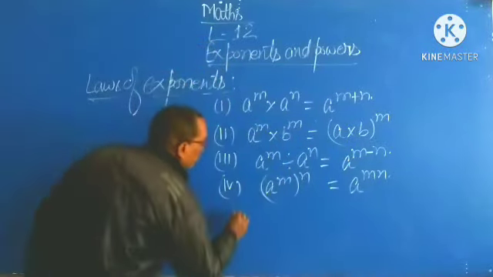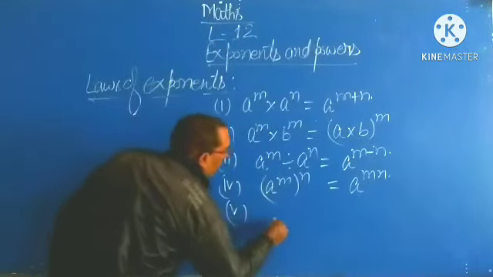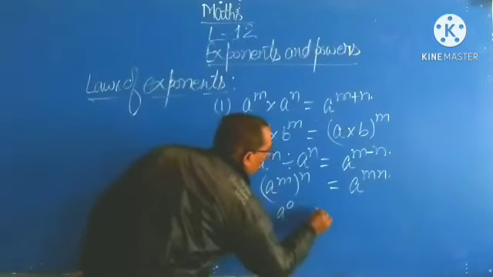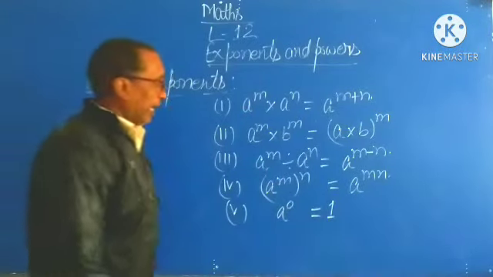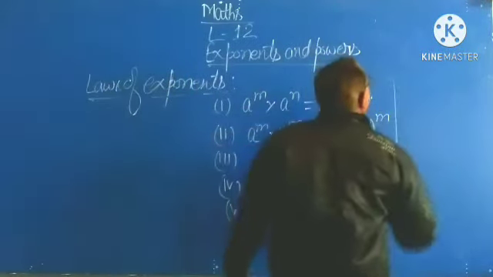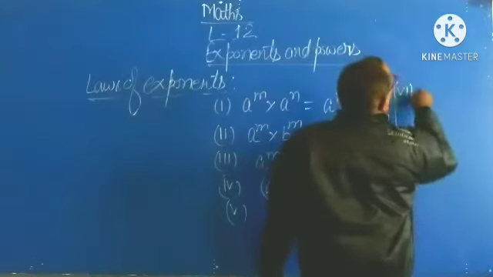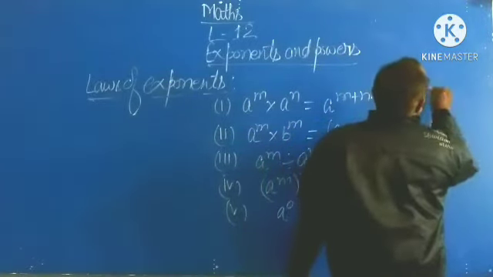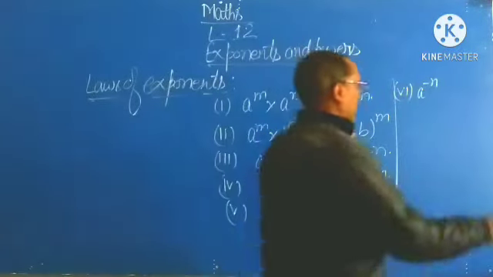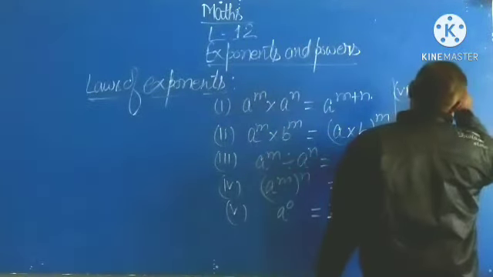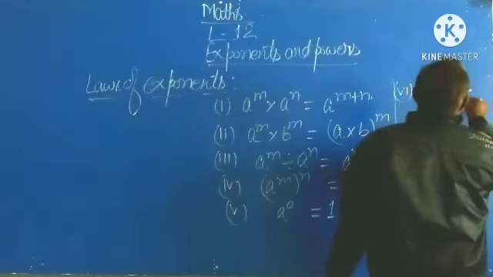And fifth, any number whose power is 0, its value is 1. And sixth, when the exponent is negative, a to power minus n is also written as 1 upon a to power n.